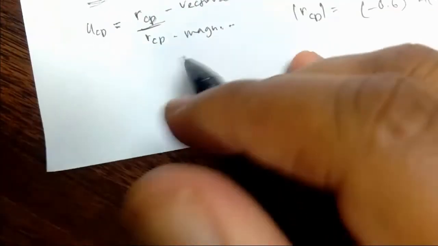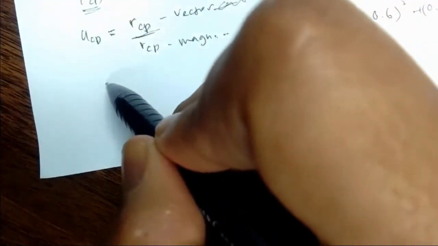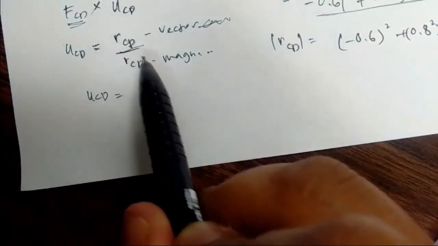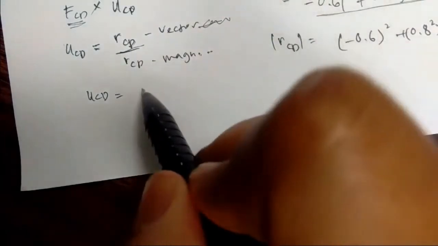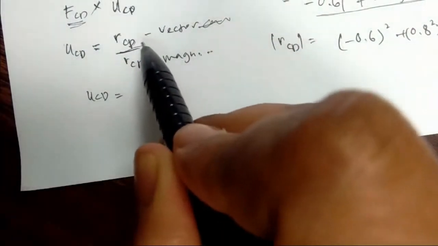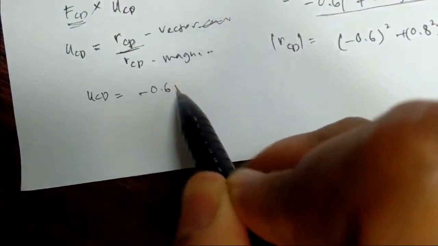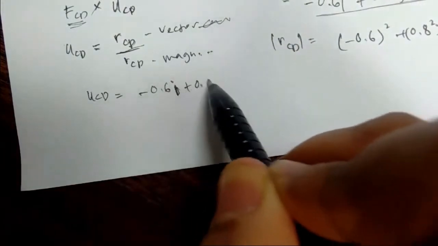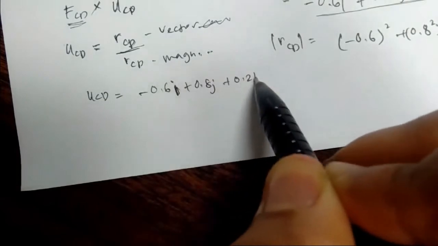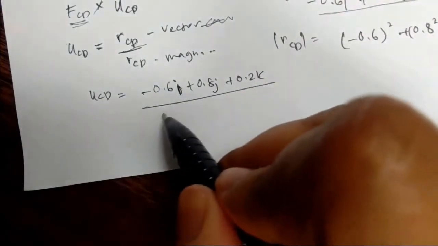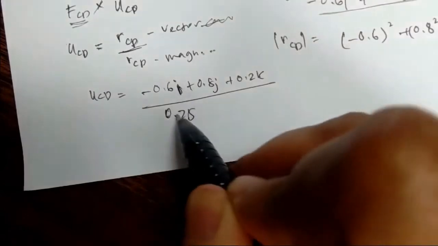Okay, so UCD is equal to the vector in Cartesian form, which is negative 0.6i plus 0.8j plus 0.2k divided by the magnitude 0.75.